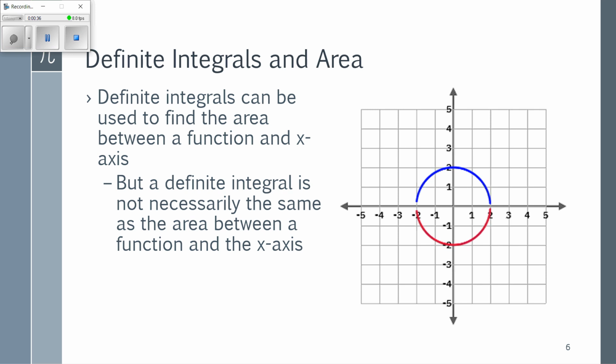So I'm going to use the area of a circle here to illustrate this. A circle is not a function, but I can split it into two separate functions. So I could say here that, let's call the top function f of x, and we'll say the bottom function is g of x.